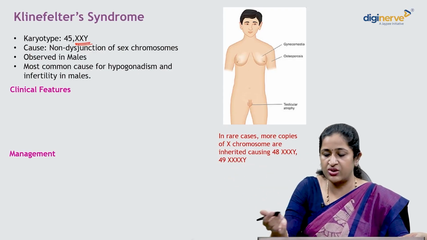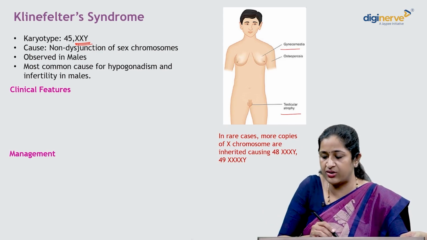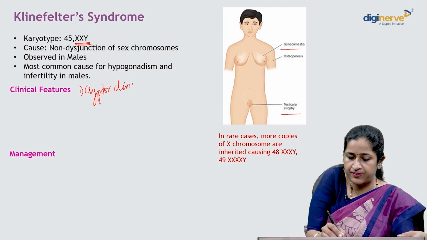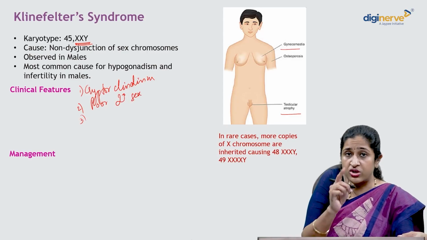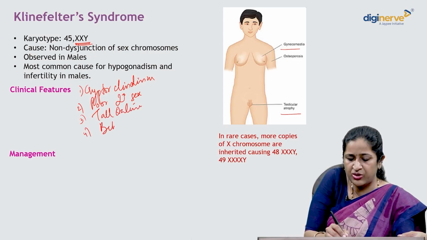So, essentially, because of that, you will have gynecomastia, testicular atrophy, cryptorchidism, poor secondary sexual characters. You also have tall stature, behavioral abnormalities.